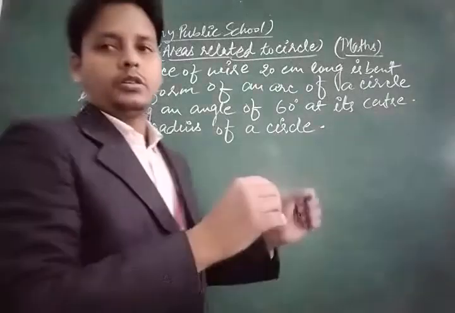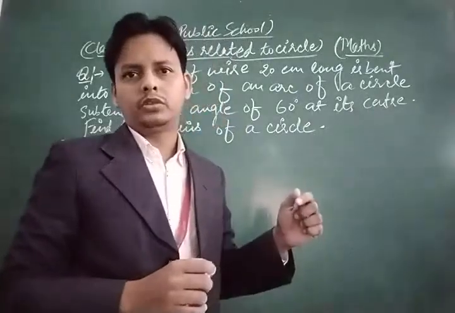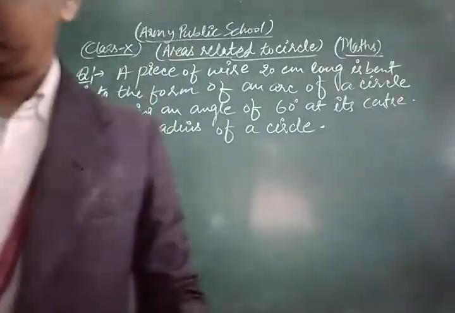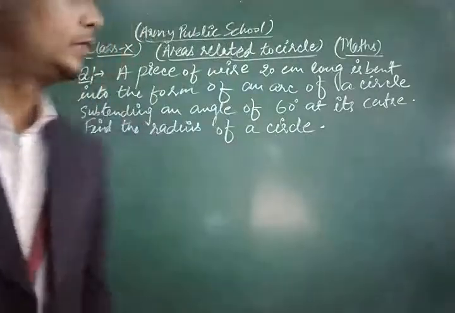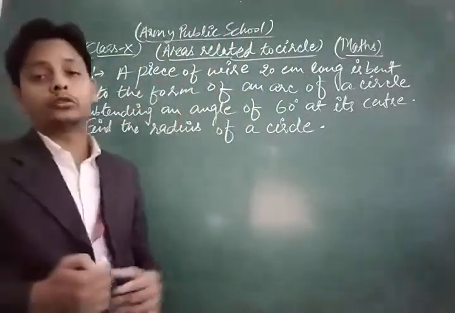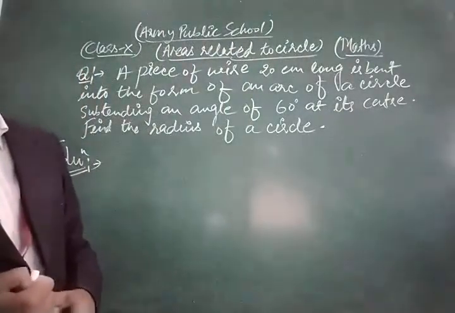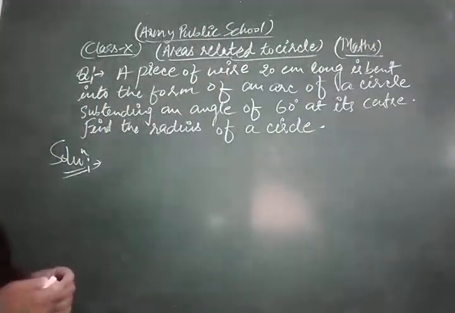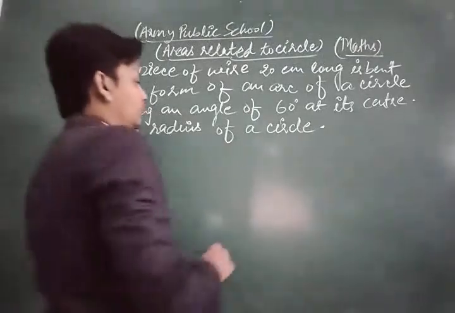Look, dear student, this is a very important question, one of the most important questions of your syllabus. Let's see its solution. A piece of wire 20 centimeter long is bent into the form of an arc of a circle.